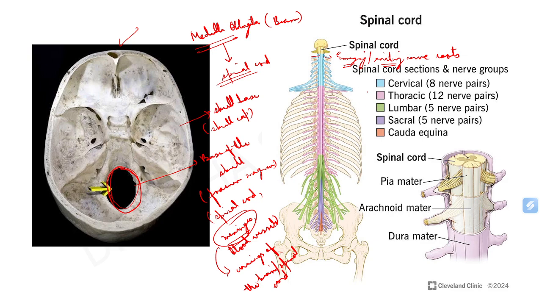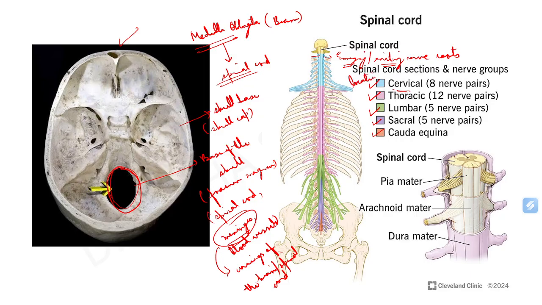Then, coming to the parts in which these nerve groups are divided, they are divided into cervical nerve roots, thoracic nerve roots, lumbar nerve roots, sacral nerve roots, and finally the cauda equina. These nerve roots or nerve pairs are divided on the basis of their location.